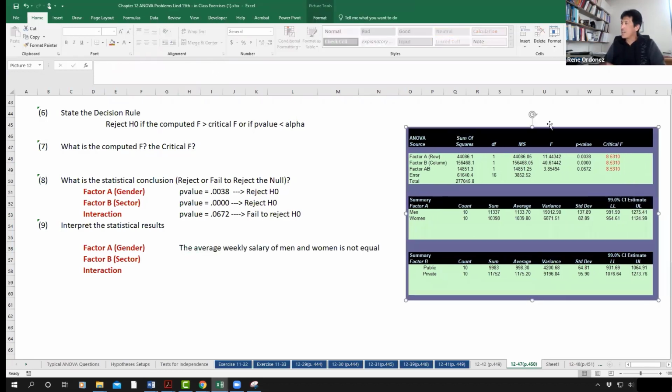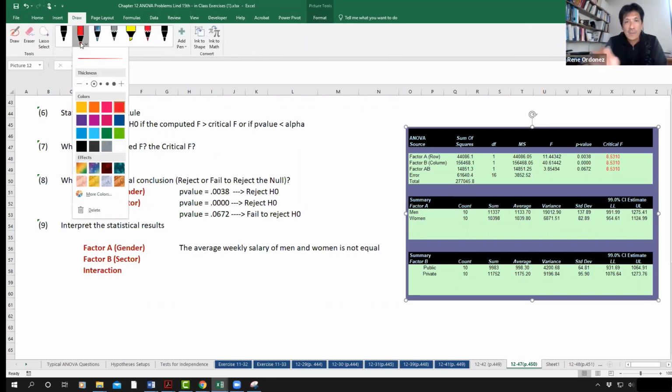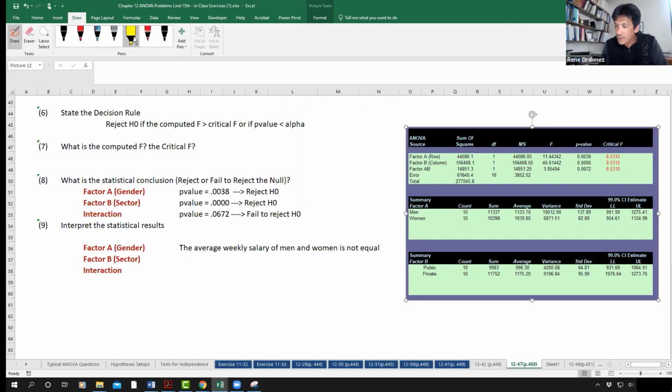Which begs the question, which gender group has a higher weekly salary? To answer that question, you look at the output. Okay, look at that.